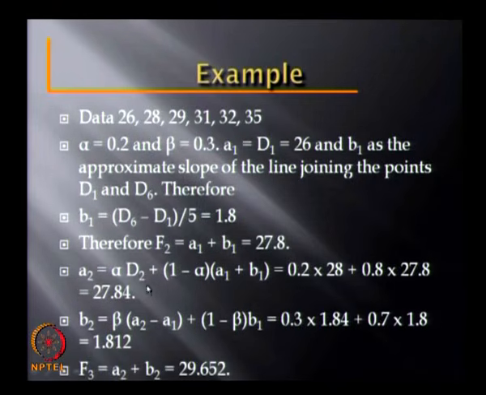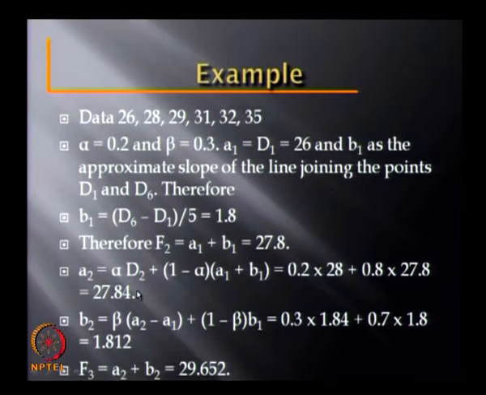Alpha is 0.2, D2 is 28, which comes from here, plus 0.8 into A1 plus B1, which we calculated as F2. So, 0.8 into 27.8.